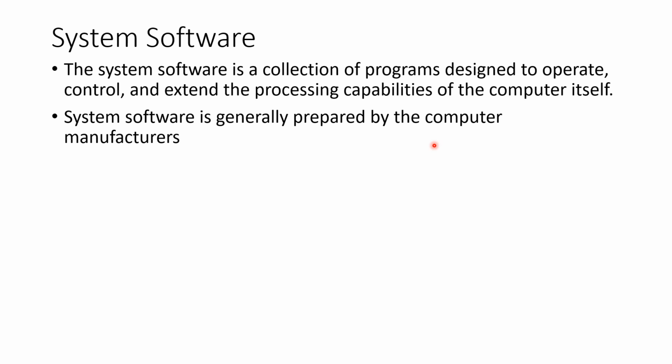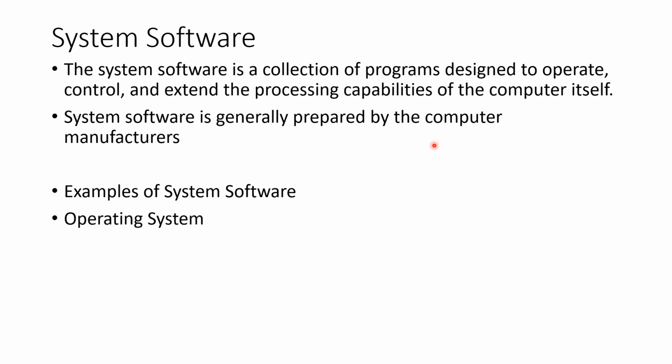We cannot write it individually. The examples of system software are, first one, operating systems, compilers, interpreters, and assemblers. These are the different types of system software which are prepared by the manufacturers.